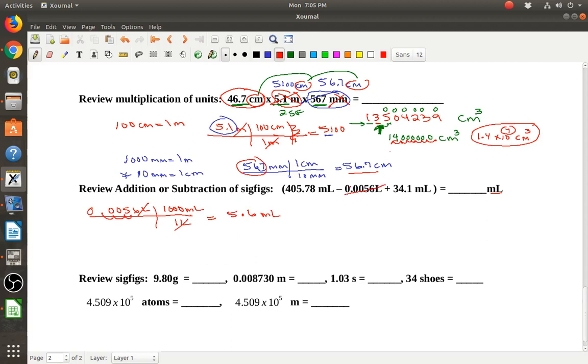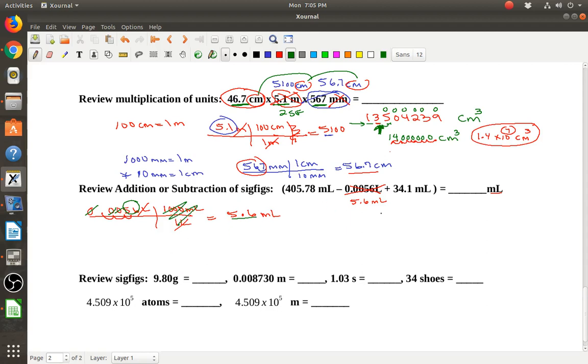So I'm going to mark through this, and this is 5.6 milliliters. Now this original number had only 2 sig figs because leading zeros are losers. This number also has 2 sig figs, so we did it correctly. Remember, significant figures do not come from the conversion factors. They come from the measured value.